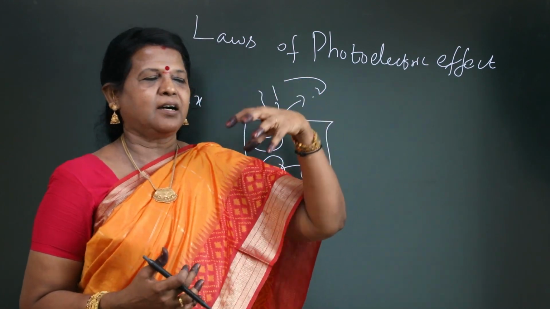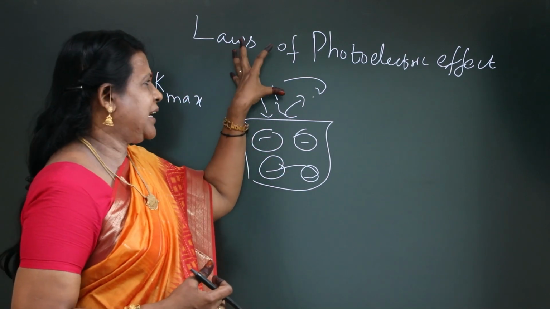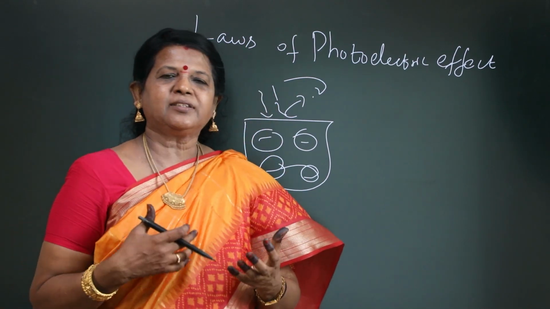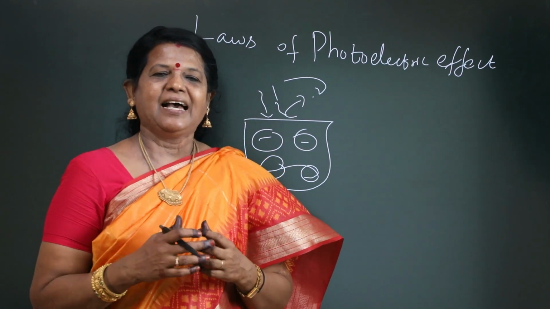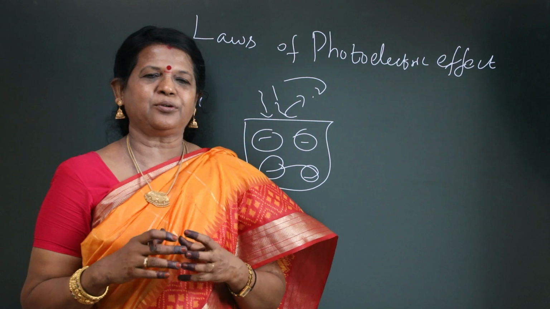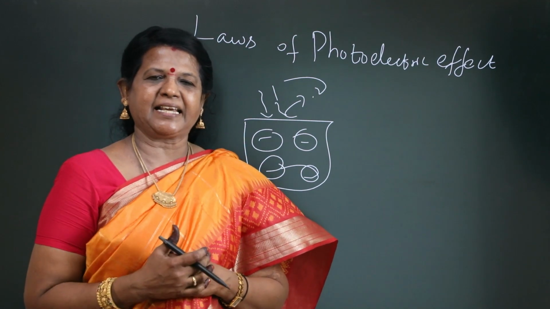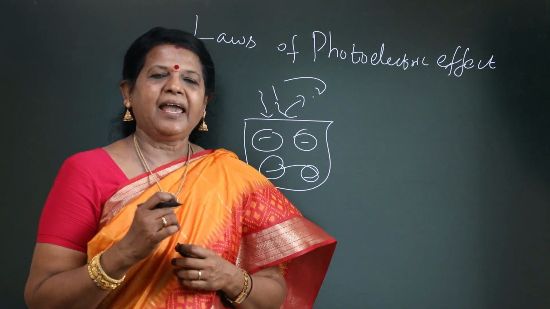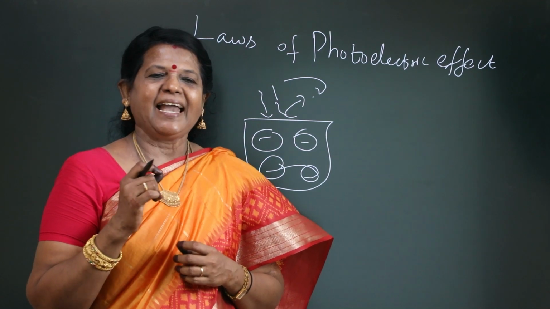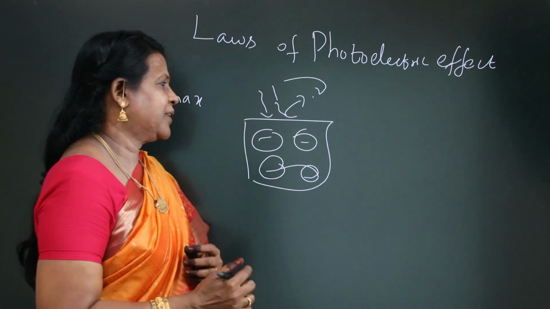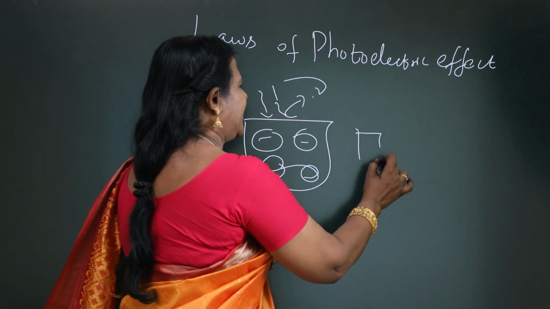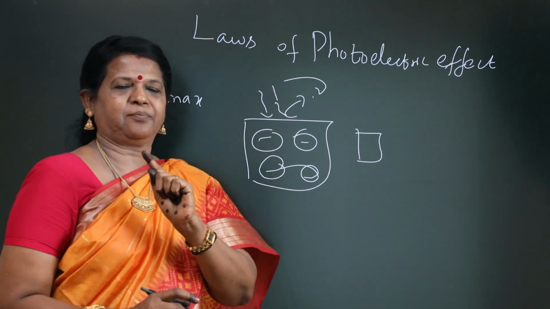According to wave theory, light of greater intensity should impart greater kinetic energy to the liberated electrons. The intensity of light is the energy delivered per unit area per unit time, that is, in 1 second.